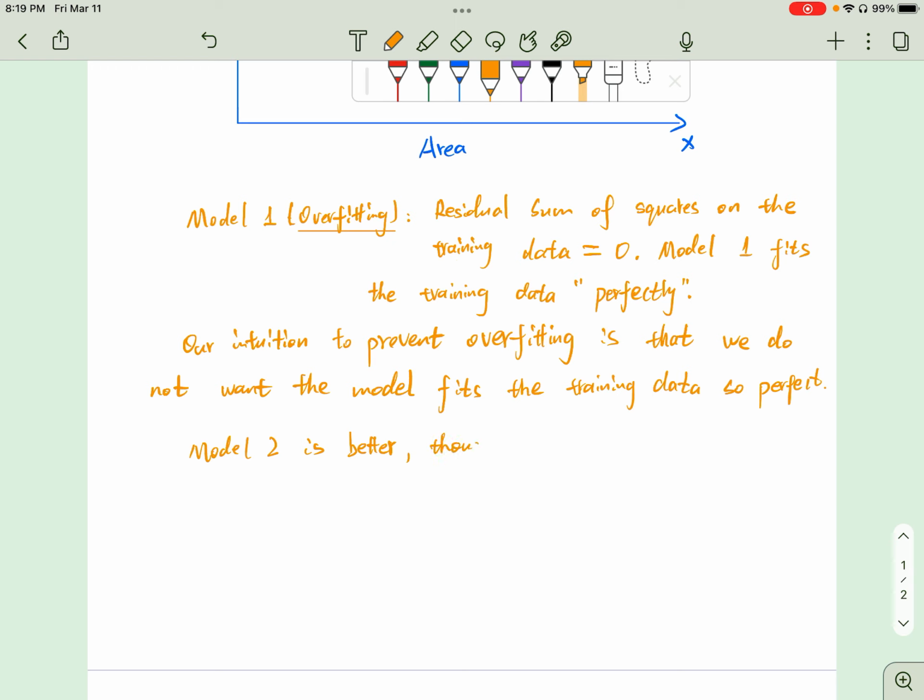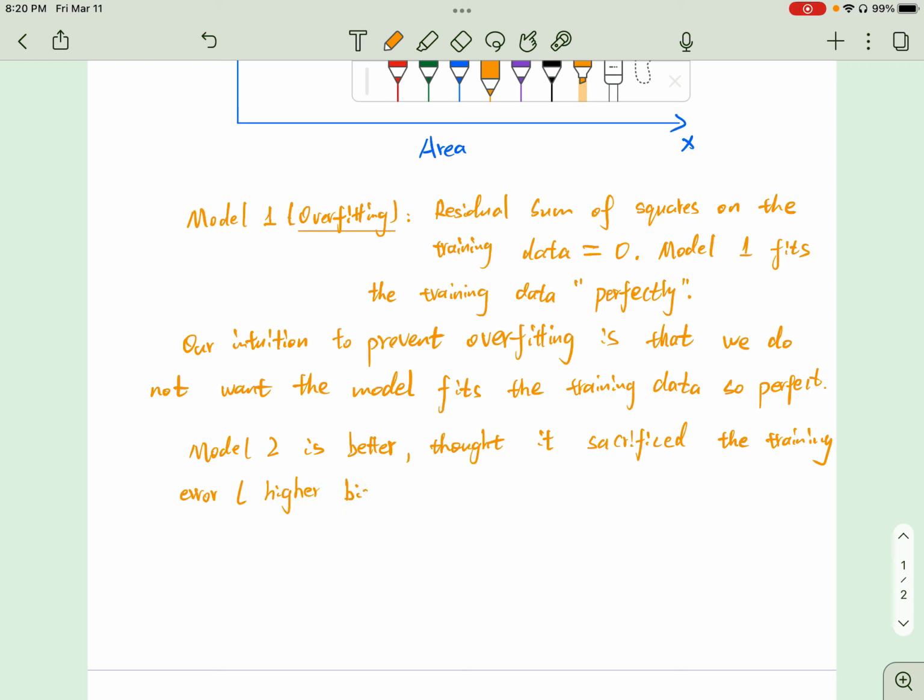Although it sacrificed the training error, which means model 2 will have higher bias. You remember what we have talked about, what is bias and what is variance.